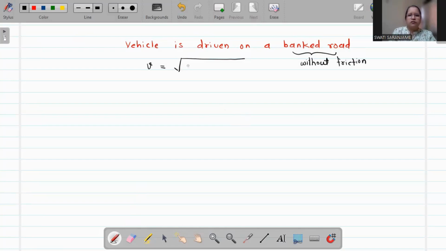So v is equal to under root r g tan of theta, where r is the radius of curvature of the circular track, though it is banked, a circular track.